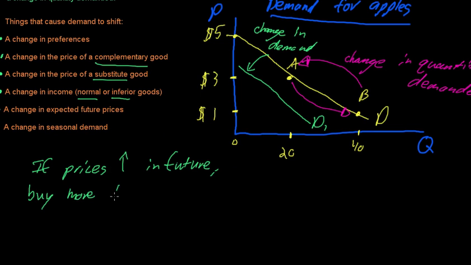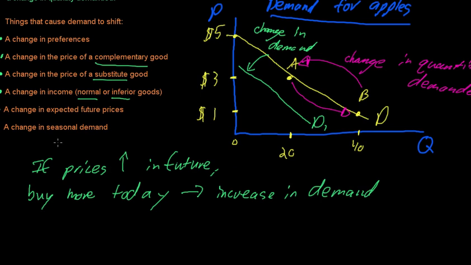A common example is ski season. In the summer, ski gear is always on sale, it's always super cheap, and so a lot of people will buy more ski stuff in the summer because they know in the winter that prices are going to go up. You're going to buy more today, which will then lead to an increase in demand.